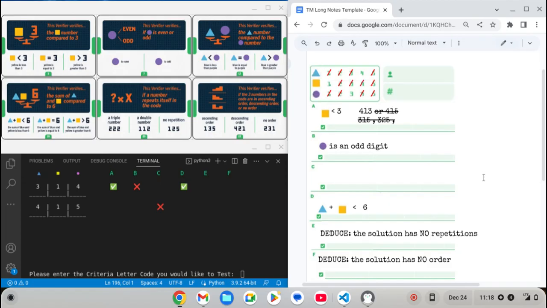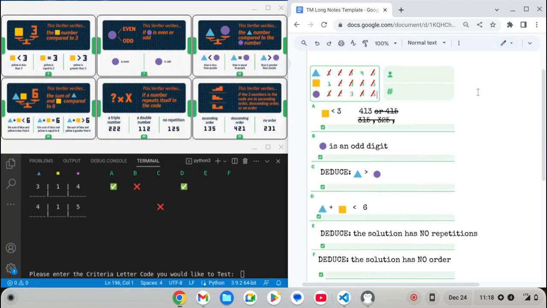And let's see. And they can't be equal because we know there are no repetitions. So I'm just going to type it up as we're going to deduce that triangle should be greater than circle. And again, that would be where triangle 4 is bigger than circle 3.